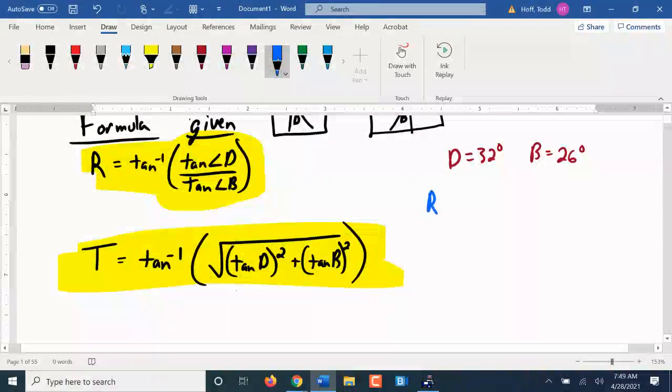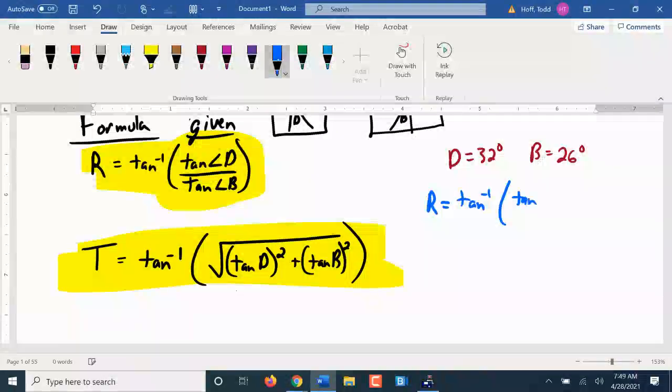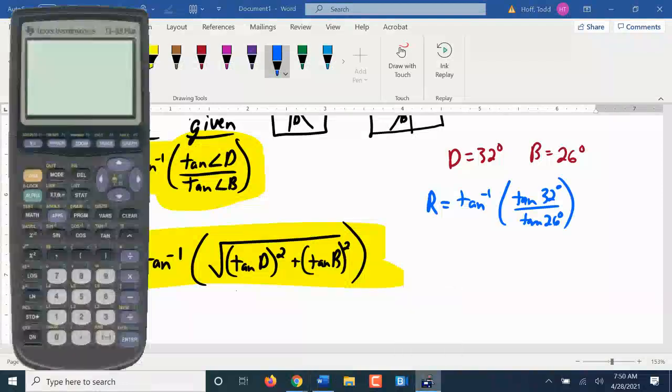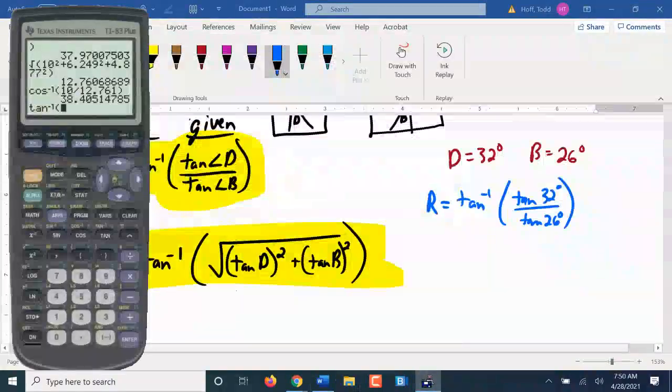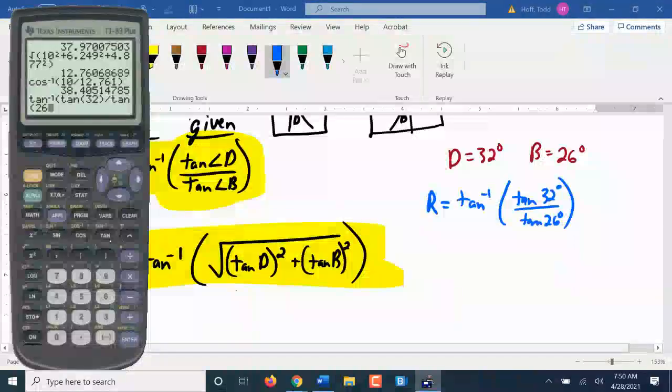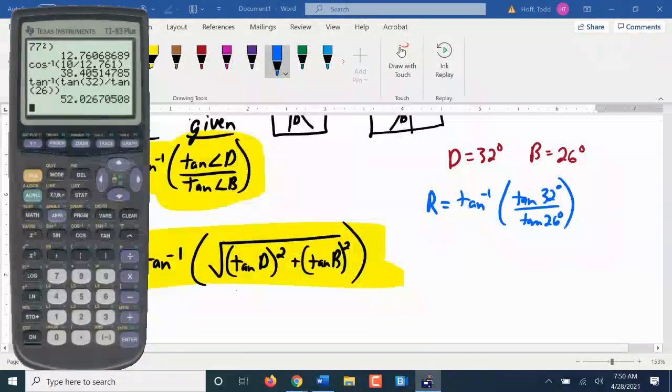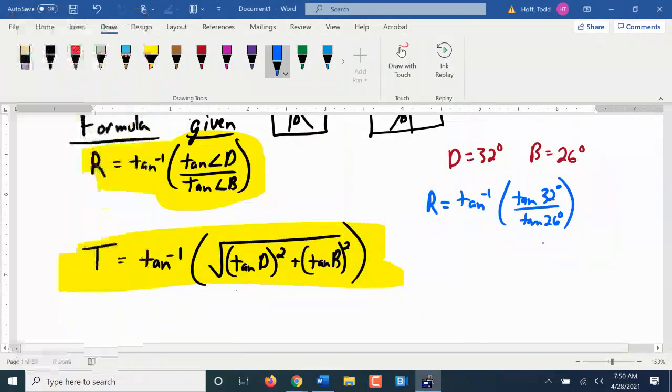So our angle of rotation is the inverse tangent of tangent of 32 degrees divided by tangent of 26. You gotta remember to close that parentheses, and close the parentheses twice, so the calculator knows that all of that is inside the inverse tangent. I get 52.03 degrees.